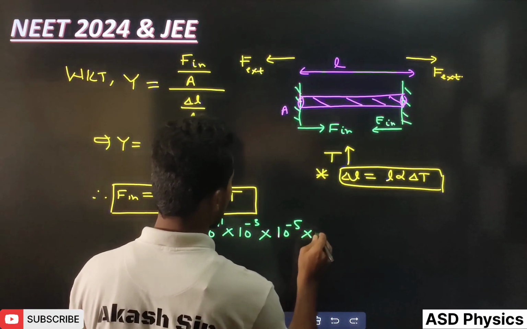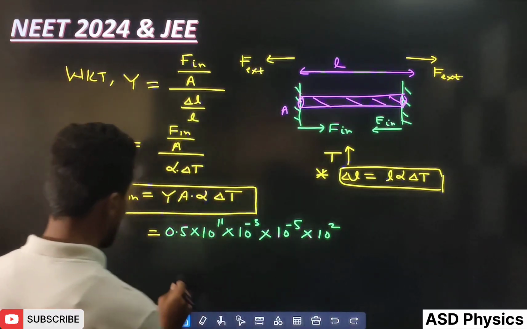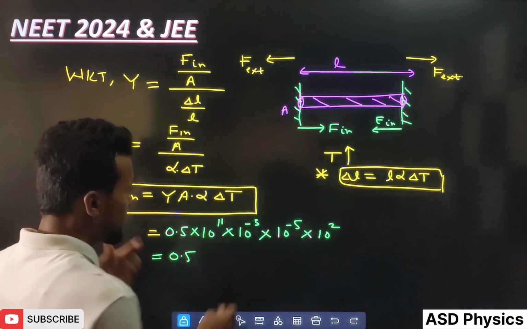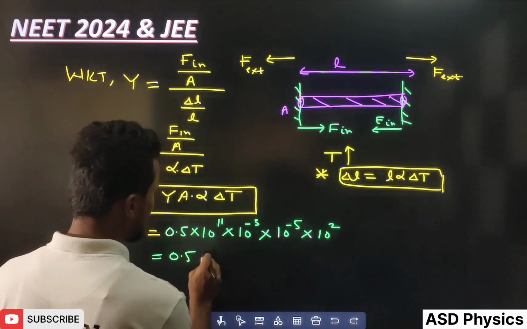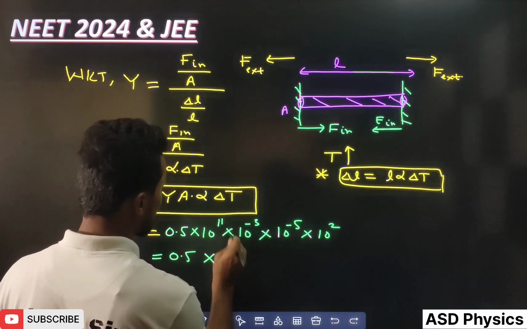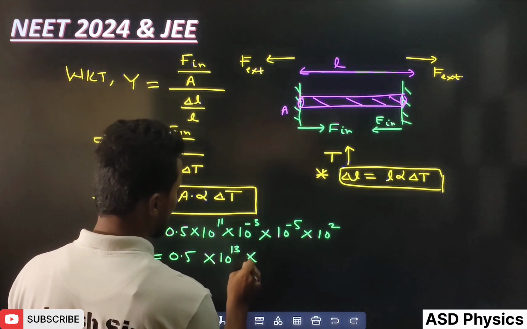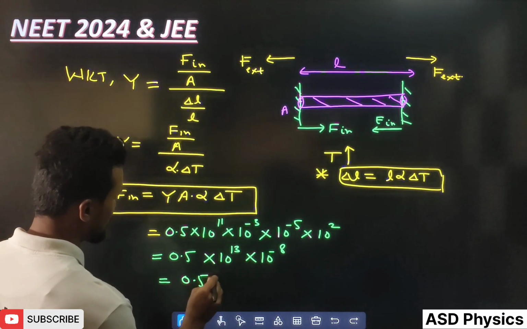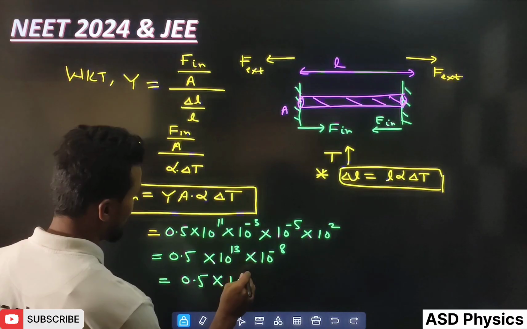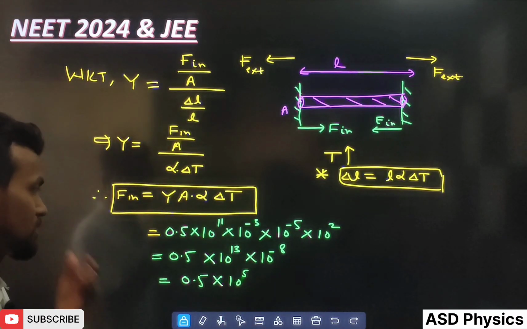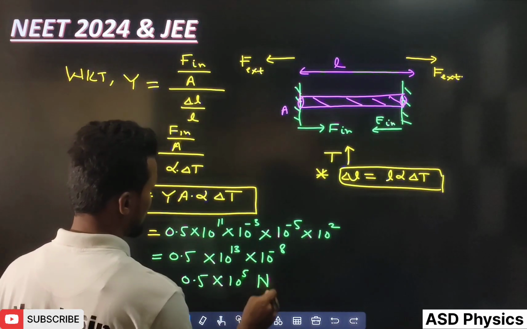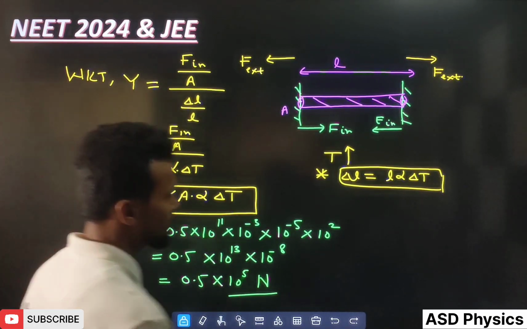And temperature change is 100, that means 10 to the power 2. So when we simplify, we get 0.5 into 10 to the power, minus 3 minus 5 means minus 8, and 11 plus 2 is 13, so 10 power 13 into 10 power minus 8. That gives 0.5 into 10 to the power 5 Newton.